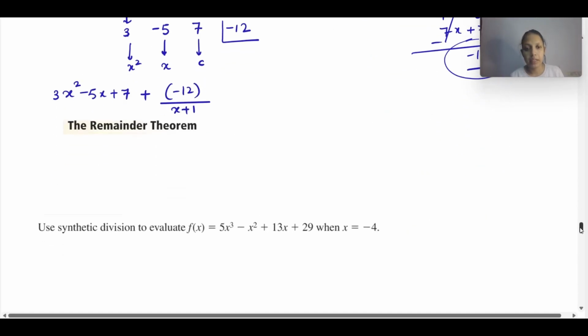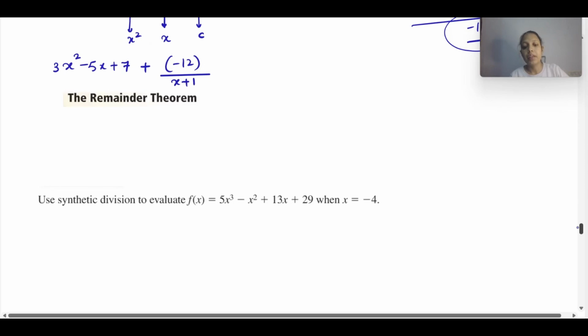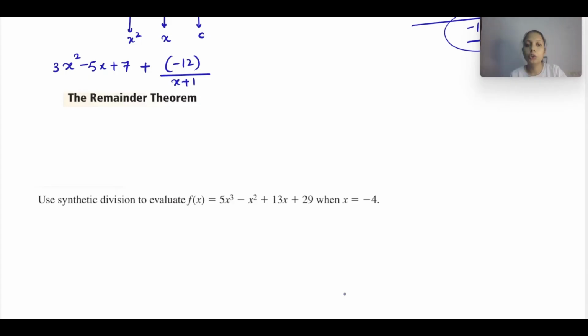Next is the remainder theorem. Remainder theorem means you are dividing two polynomials and getting a remainder. So what is the direct remainder if you only want the remainder, not the quotient?